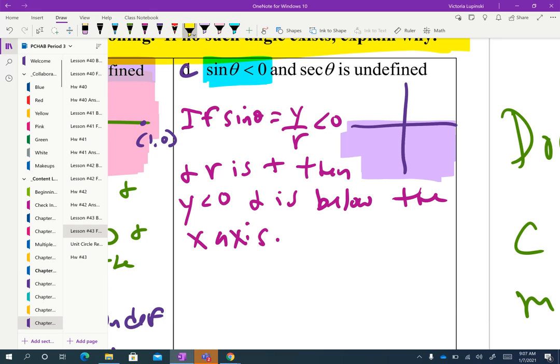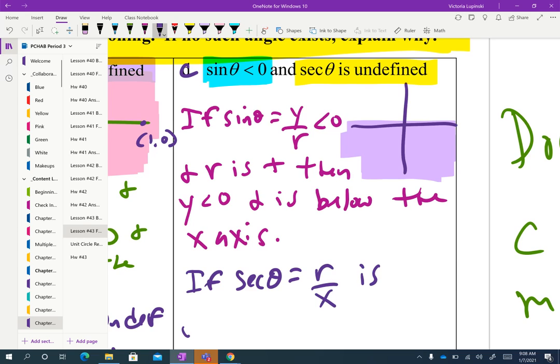The second piece of information is the fact that the secant of theta is undefined. So the fact that the secant of theta is undefined, remember what the ratio for a secant is. So a secant is equal to r over x. Then x has to be equal to 0.